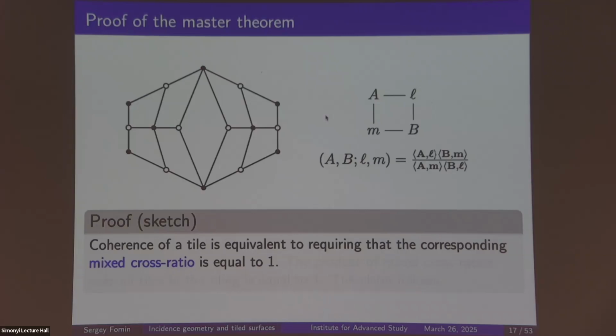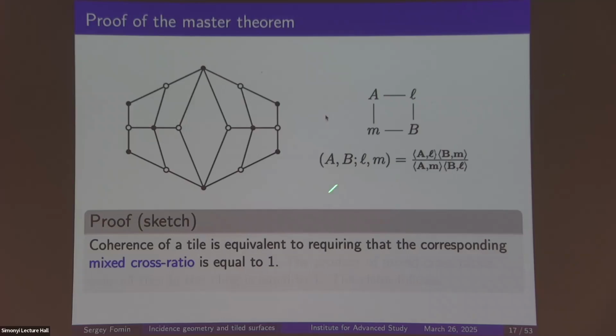So now you have four points on a line. You compute the cross ratio of those four points in a certain cyclic order, determined by the cyclic ordering of these four objects. And since I'm saying that it's equal to 1, when you invert the cross ratio, it's still 1. There are many different versions of a cross ratio, but in this case, it is all canonical.